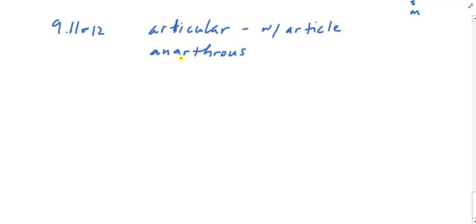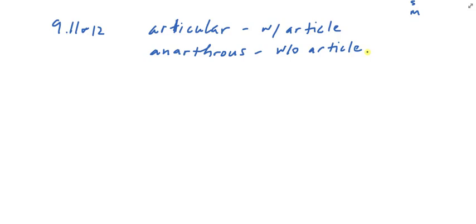If you have a vowel that you're prefixing the alpha privative to, then an N gets stuck in there. Okay, so no article is the idea here. So this is a noun that is without the article. And so we're going to be looking for whether the noun is articular, and if so, what accompanies it, or if it's anarthrous.